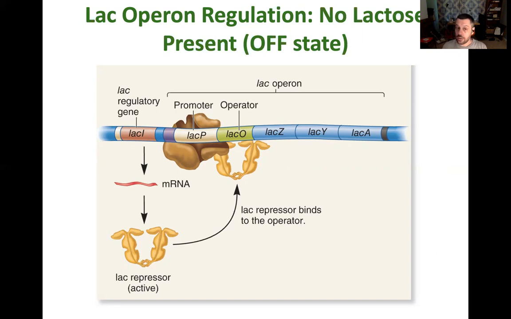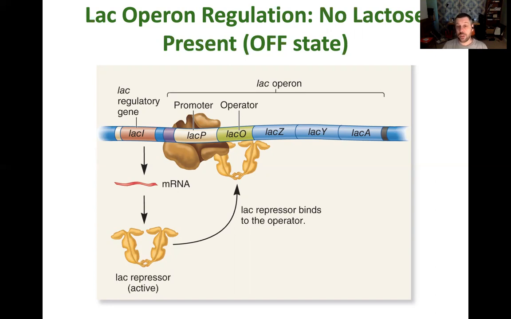Every once in a while, this repressor is going to fall off. And pretty quickly, it will be replaced by another repressor, because remember, repressor is being made all the time in this cell. For that brief moment when it falls off, some RNA polymerase can escape and transcribe the operon.